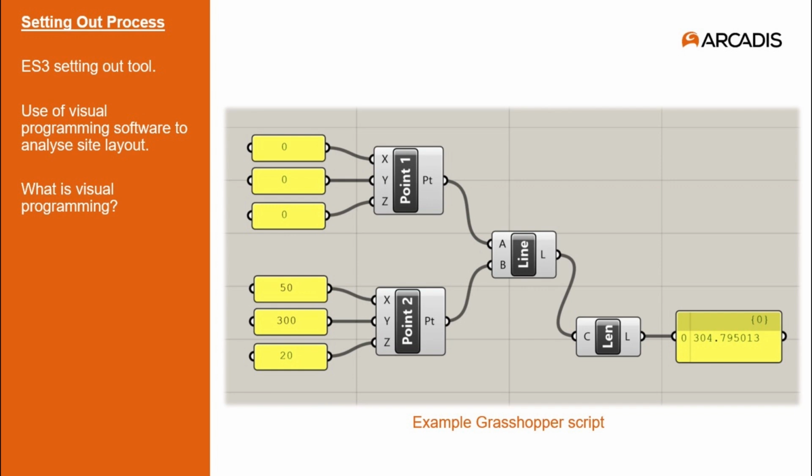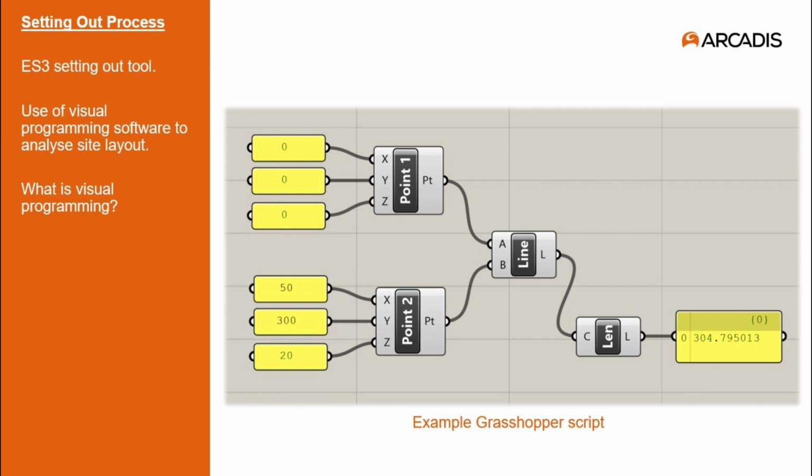So for the example on the screen, I've simply specified 2 sets of coordinates in the left-hand yellow boxes, just as numbers, and then you can follow the black lines from those to see how those coordinates can create a pair of points with one function box, and then from those point functions connect to make a line.